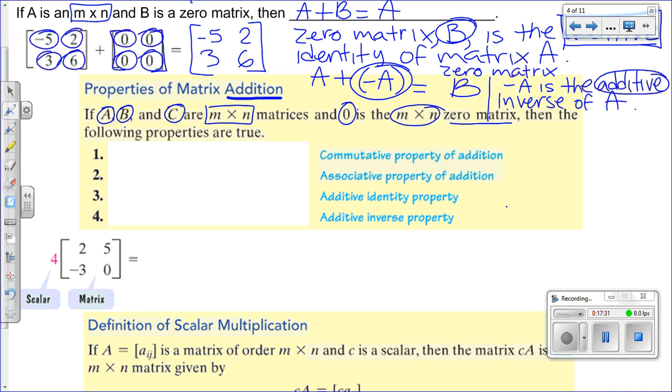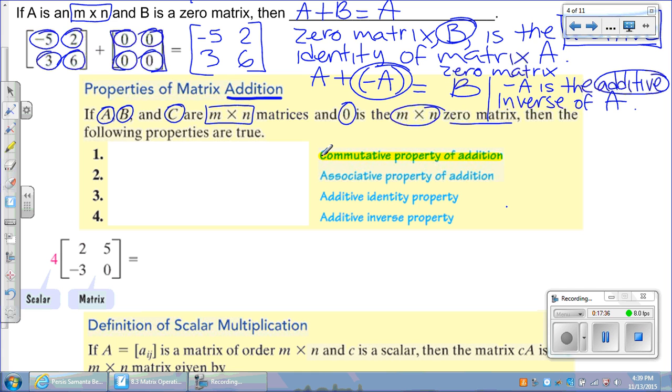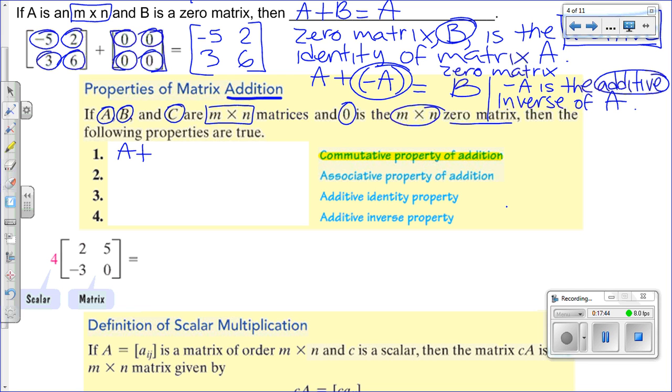The first one is the commutative property of addition. Excellent question for your video. And so that will be that if we change the order, so if we add matrix A plus matrix B, it will be the same as adding matrix B plus matrix A. That is the commutative property of addition.